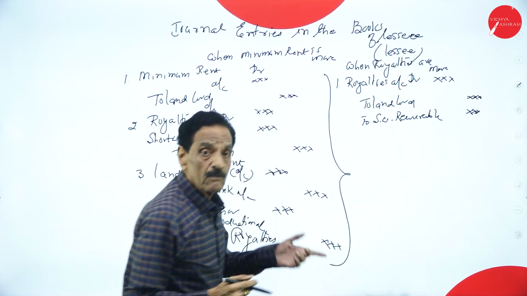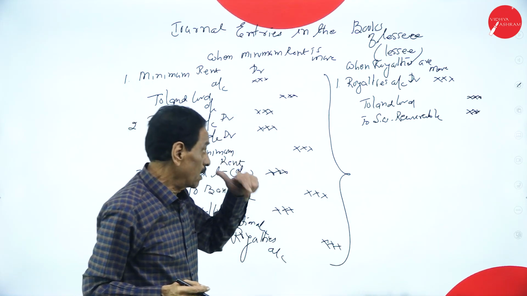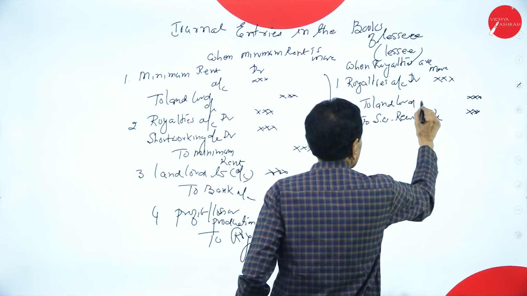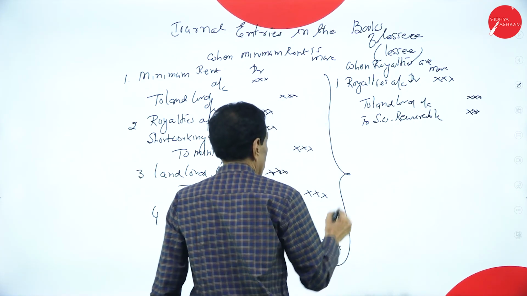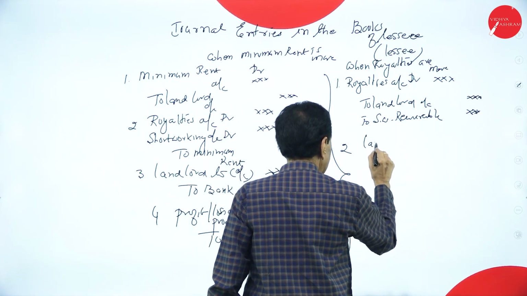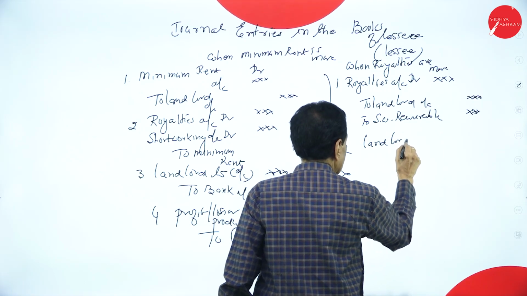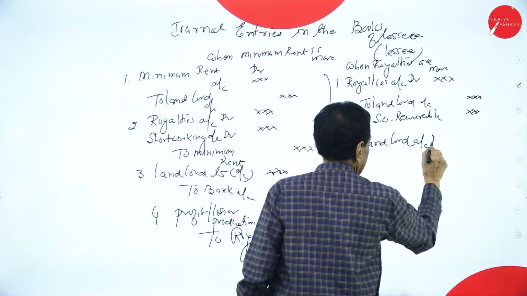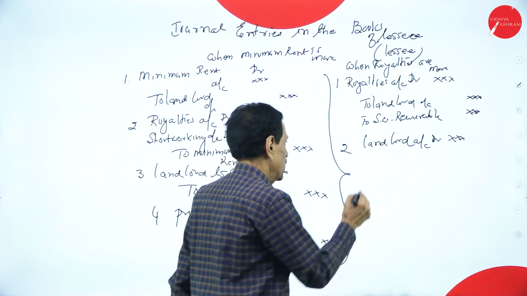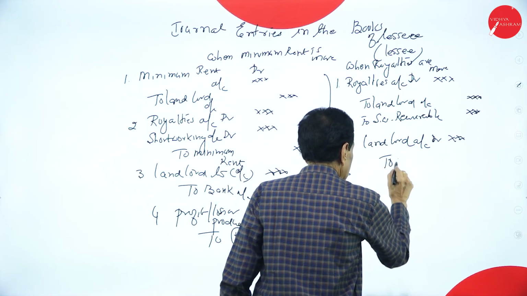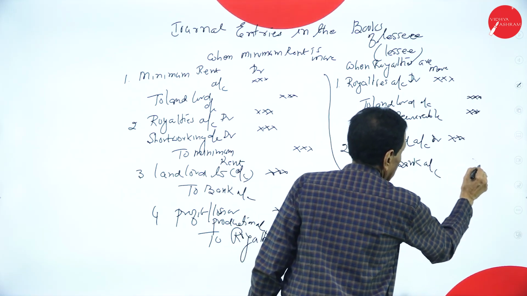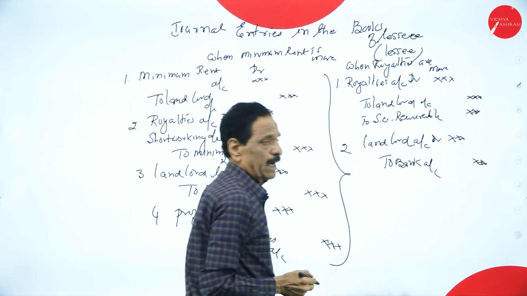This entry, when royalties are more, royalties account debtor to landlord account and to short working recoverable account. Number 2, landlord account debtor to bank account, paid to landlord.